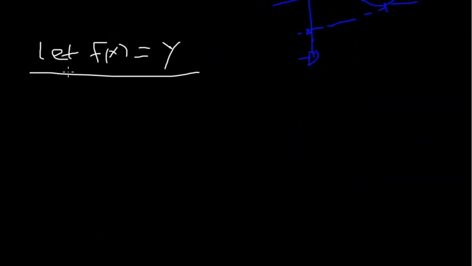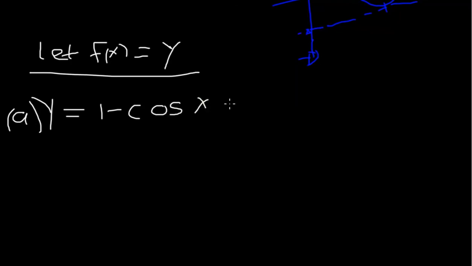So I'm going to have something like this. This is the question, question A. y is equal to 1 minus cos x, and then the domain is 0 to 2 pi.